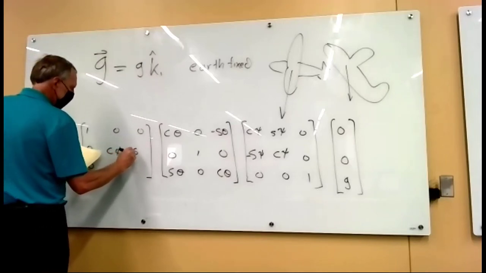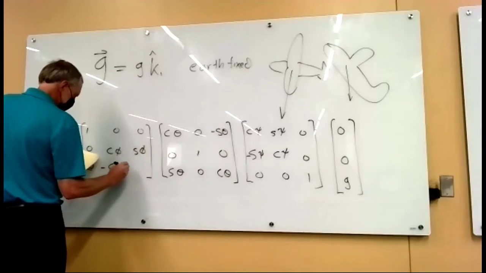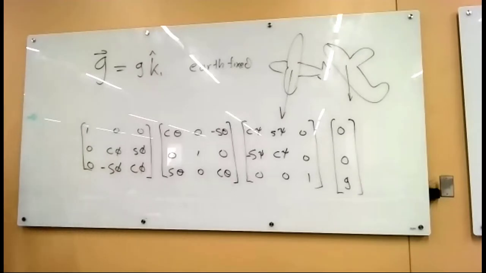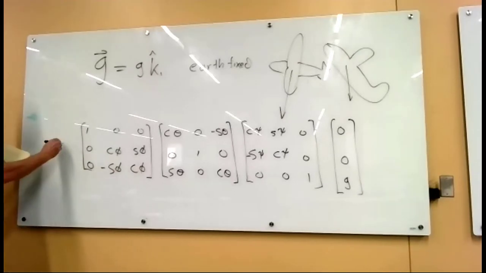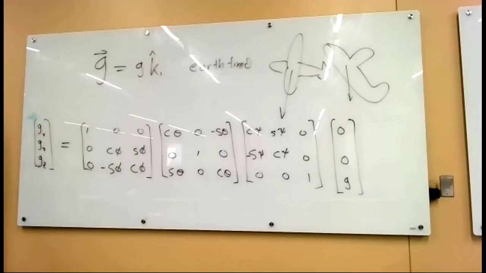And then we do phi. Somebody check, do I have a minus sign in each of the matrices on a sine term? And that's going to give us the body fixed.